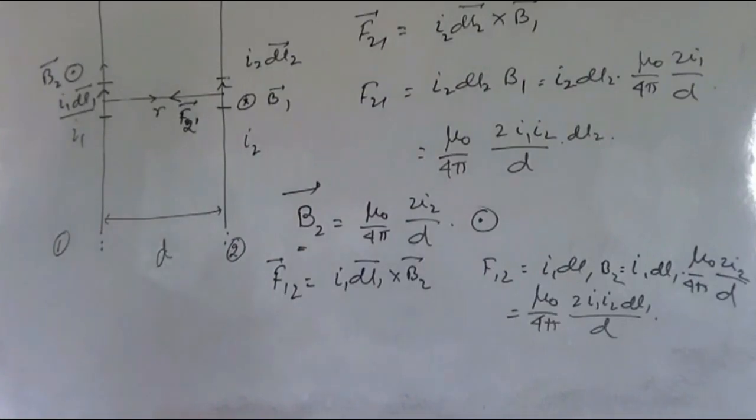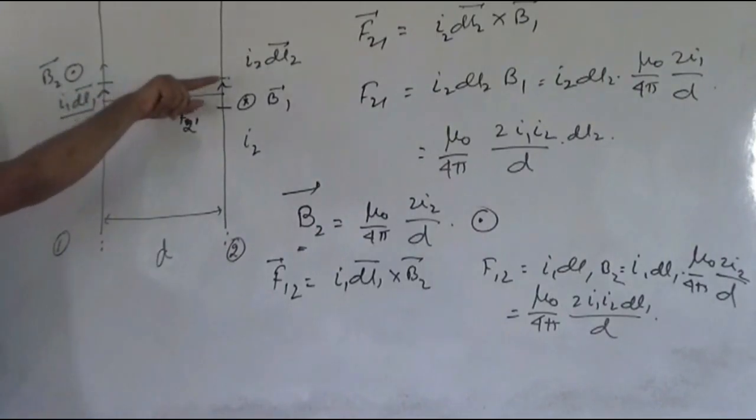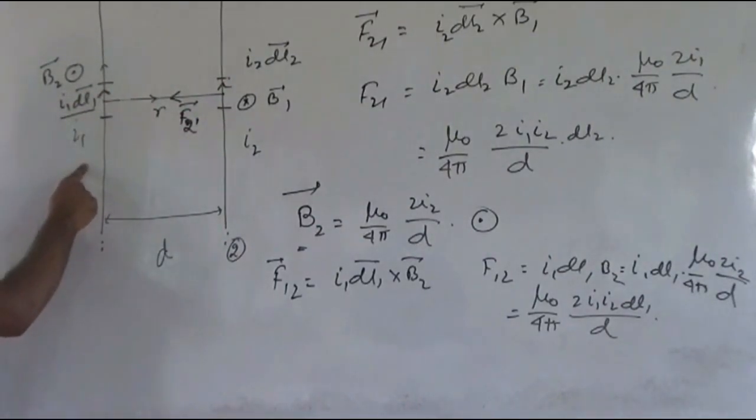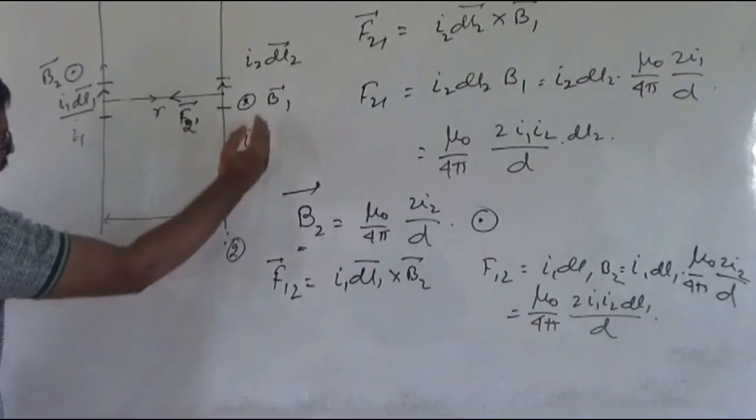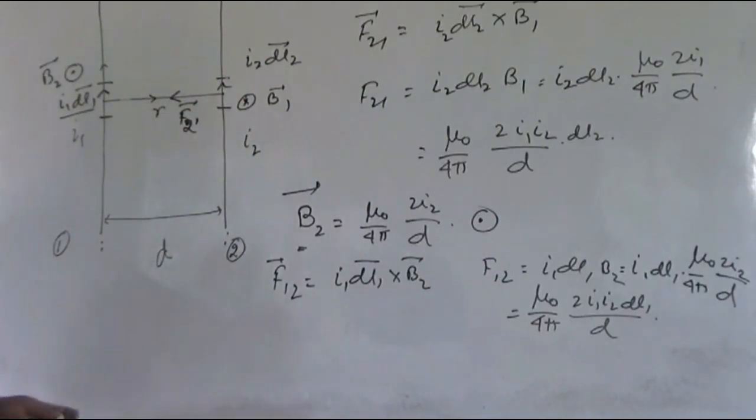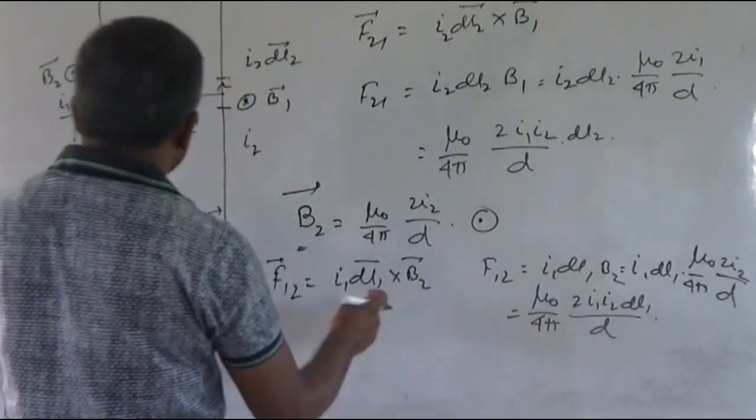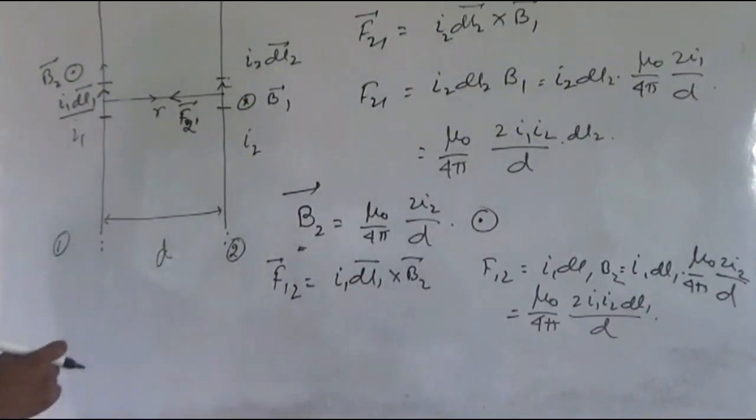And the direction of this force is, this is I1 dl1 and this is B2. Then I dl cross B. From this side I rotate clockwise, then the screw advances in this direction, that is the force towards the conductor 2.